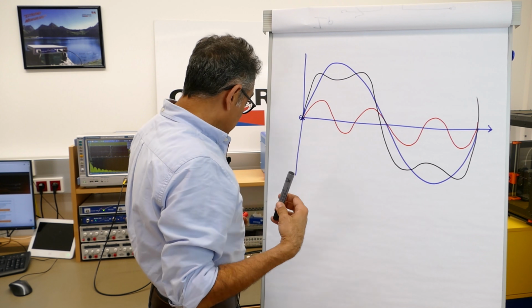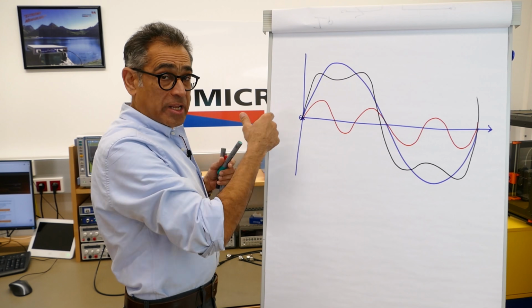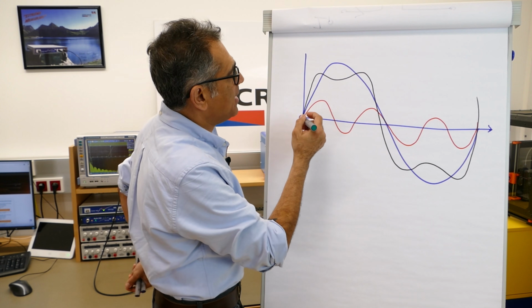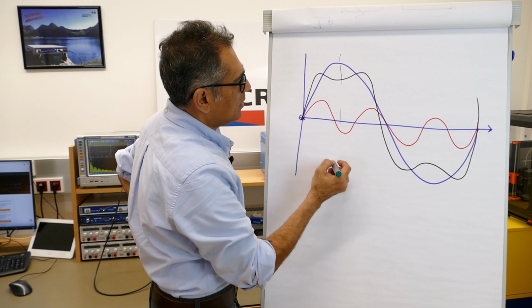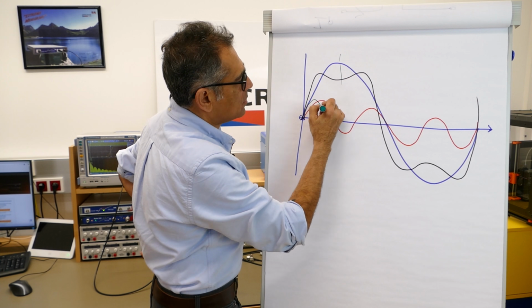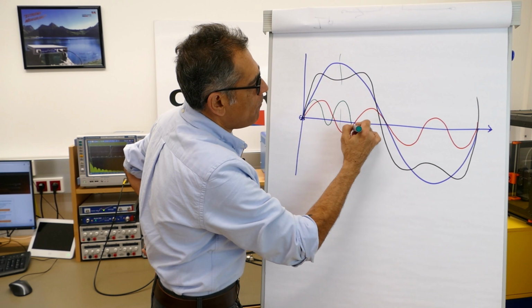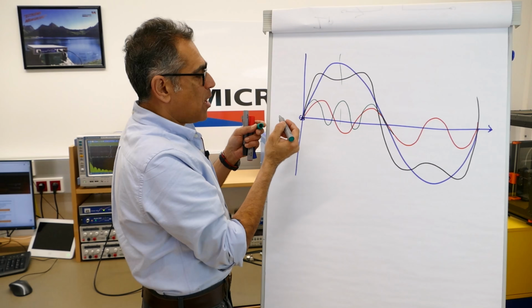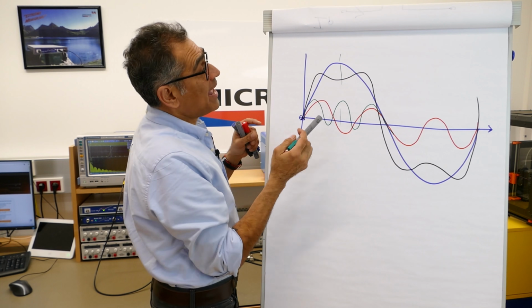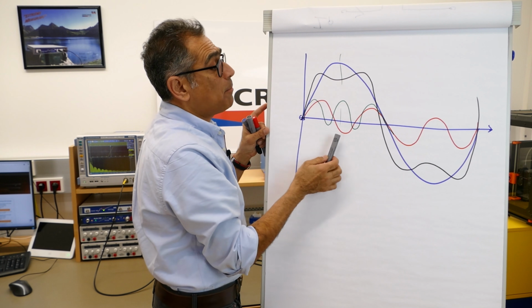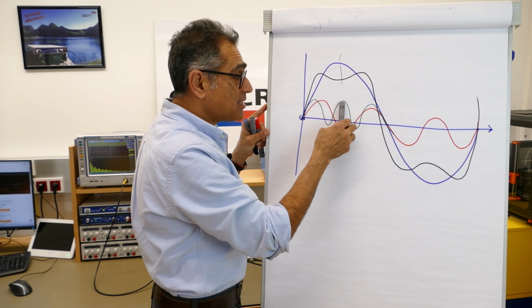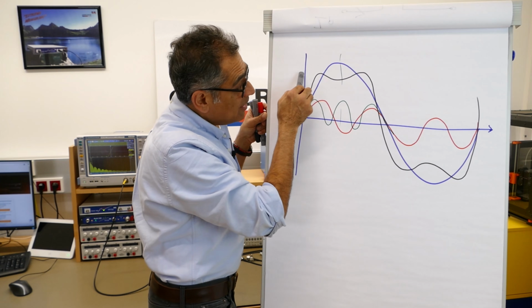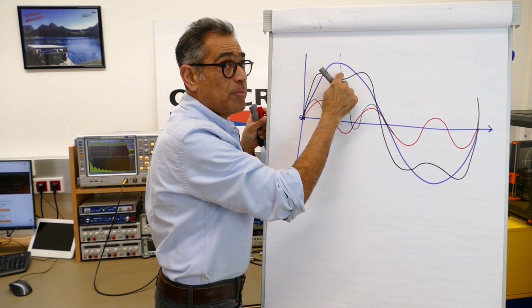Now, let me add the fifth harmonic to this. It's going to get a little bit difficult to draw, so I'm going to try my best. That's the tip. It's going to be like that. And the green is now my fifth harmonic. So now if I add the fundamental plus the third, which is the red, plus the green, which is the fifth, it's going to get even sharper, it's going to get even flatter, and it's going to have a little bit more wiggle at the top.